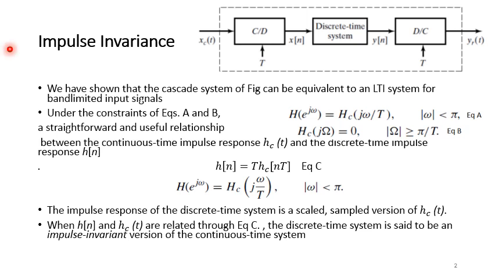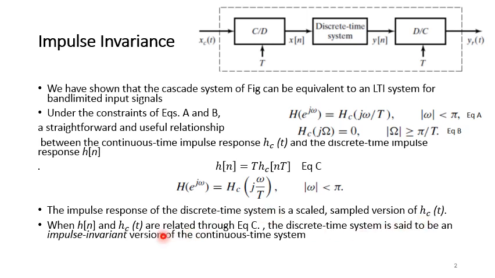So similar to that, the response of the discrete time system is basically a scaled and sampled version of the continuous time system impulse response.